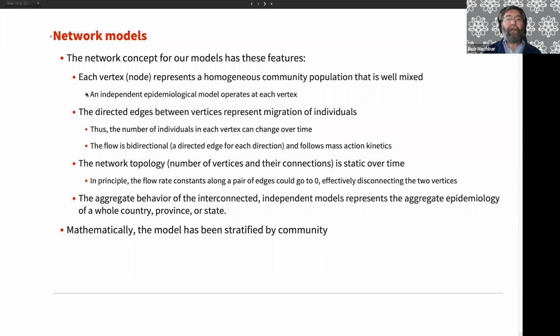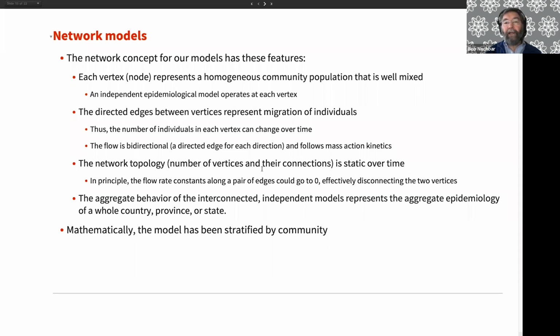And so each vertex represents a homogeneous community where the typical SEIR-type model operates. The edges between the vertices represent migration of individuals, movement. It's bidirectional. And the network does not change over time in terms of the number of connections and the number of vertices. That's static.